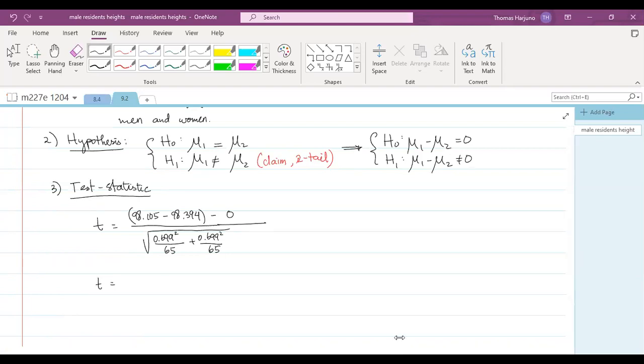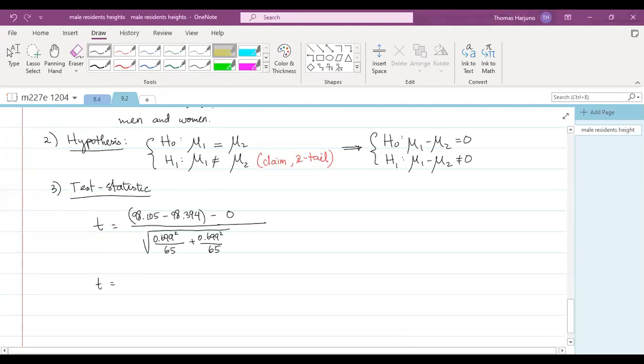Then I use my calculator: parentheses 98.105 minus 98.394 minus 0, divided by the square root of 0.699 squared over 65 plus, oh sorry, my second number is not correct. Good thing I checked.